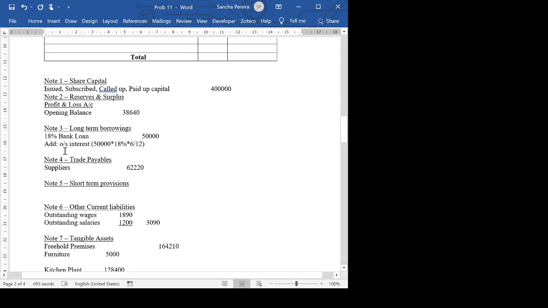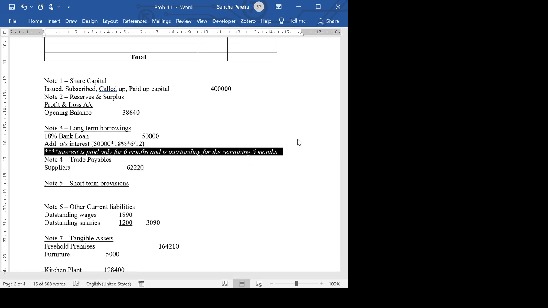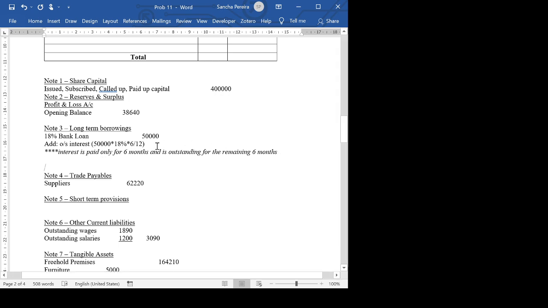And I'll put a small note here: interest is paid only for 6 months and is outstanding for the remaining 6 months. Okay, so this is the note for this. So basically 4,500 is still outstanding, which still has to be paid along with the loan, and the total amount here will be 54,500.